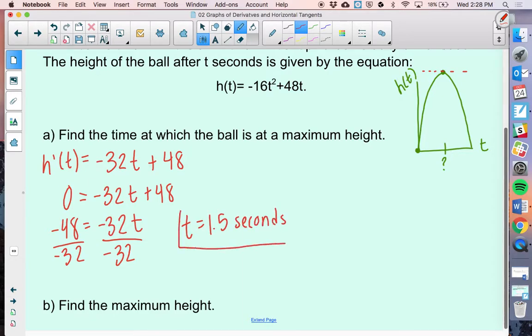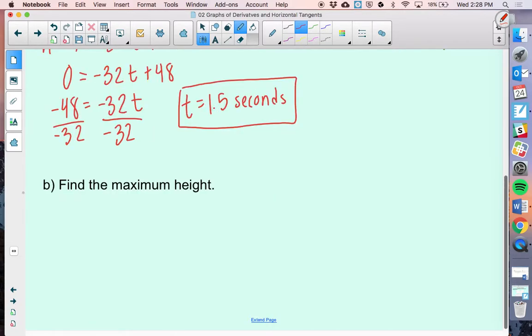So that means that time equals 1.5 seconds. Now, that's the x value at this point, because x is time. So at 1.5 seconds, now my part B says find the maximum height. So the maximum height says, okay, if I know x is 1.5, I've got to know the y value. So we're going to take that 1.5, and I'm not going to substitute it into the derivative because the derivative gives me the slope.